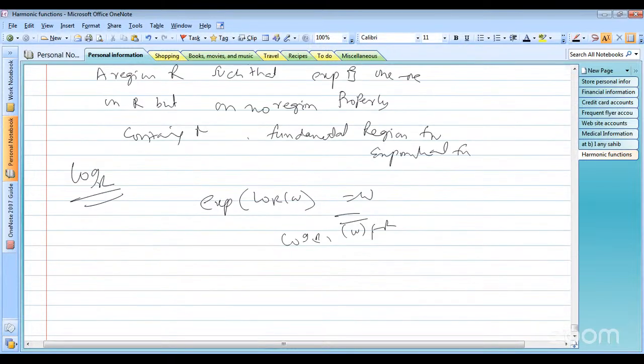So the domain of log R is also the exponential of R, that is, the image of R, and the expression is always the branch of the logarithm.